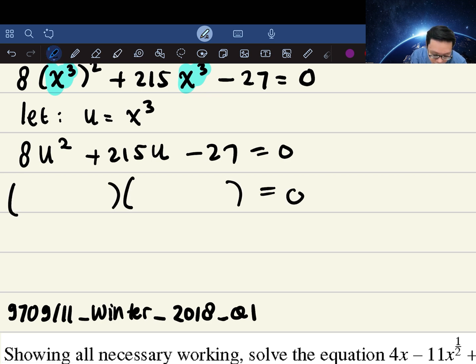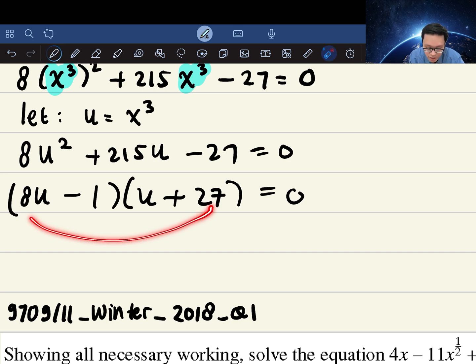So we have 8u and 27, this is u and this is 8u. And then we have this is minus 1, this is plus 27. So if you multiply 8 with 27, you get 216, and then minus 1 becomes 215.